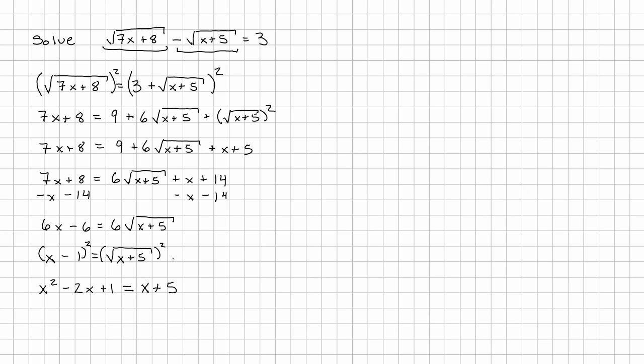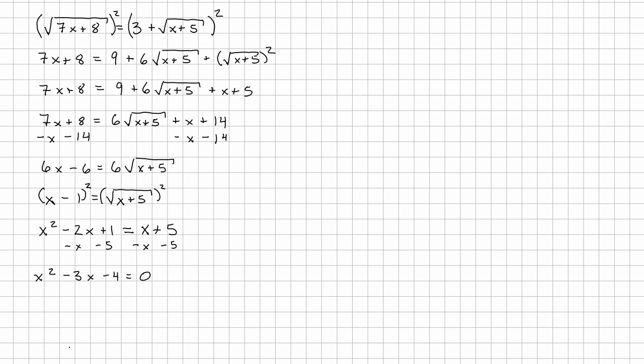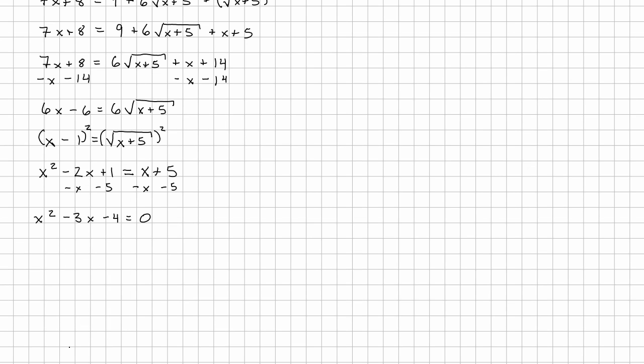Okay, now I have a polynomial equation. I want to get 0 on one side, so I'll subtract x, subtract 5: x squared minus 3x minus 4 equals 0. Again, these numbers are fairly small, so I'm going to try factoring.